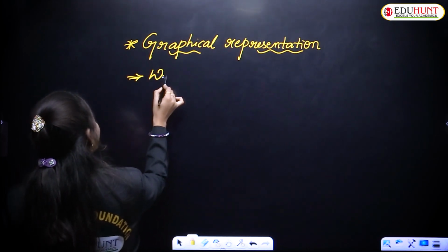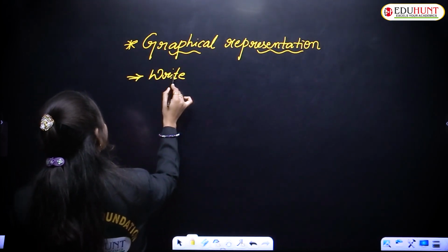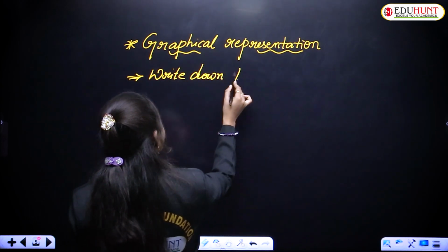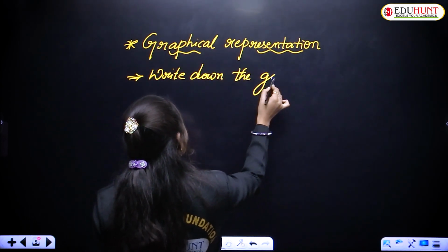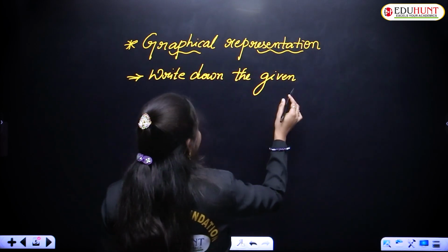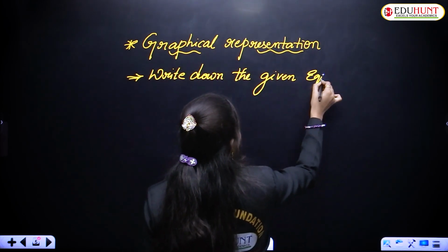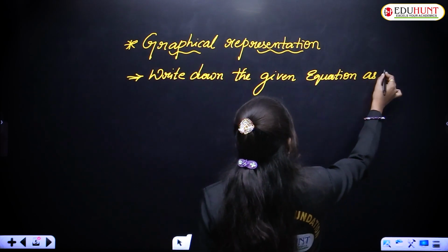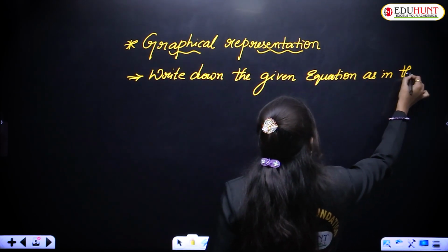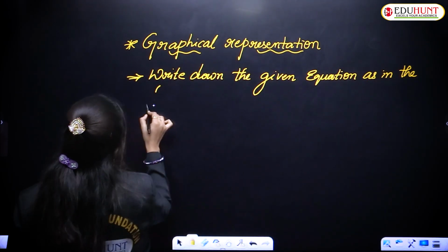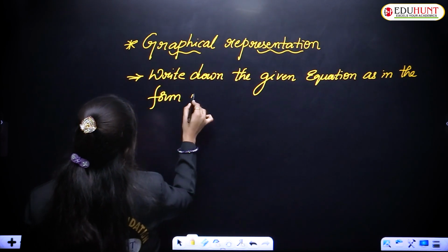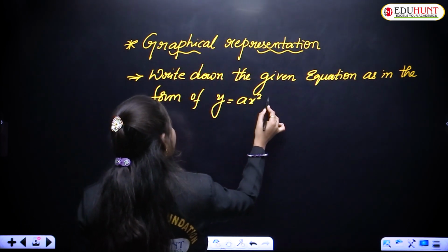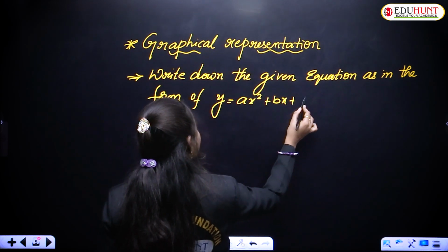First, write down the given equation in the form of y is equal to ax square plus bx plus c.